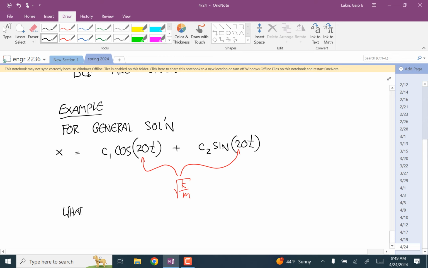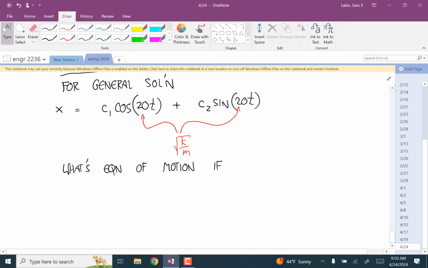So what's the equation of motion if x at time 0 is 0.02 and x dot at time 0 is equal to negative 0.3? Let's make that something else so you don't get them confused. 0.3.